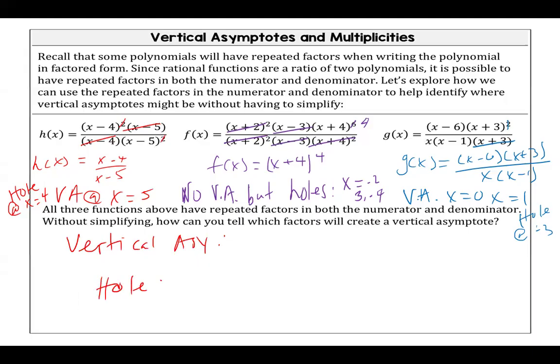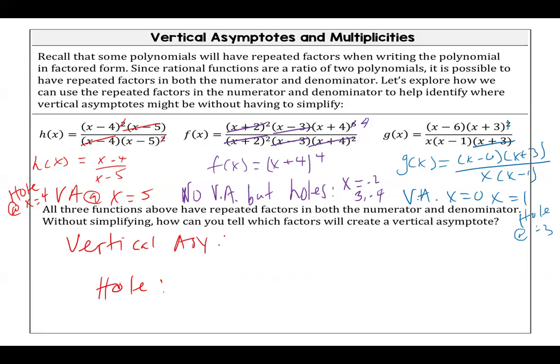There we go. Okay, so telling yourself how you're going to remember, and that is what you're doing. If you can put it in your own words, if you need some help on remembering, maybe it would be the factor remaining in the denominator, or the factor eliminated, or whatever you need to do, give yourself hints.